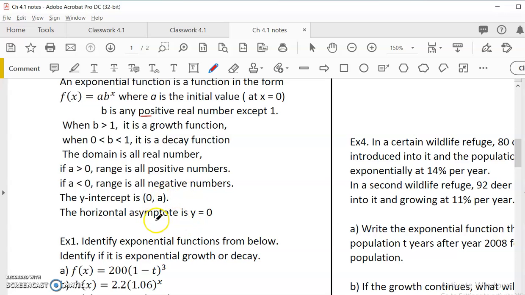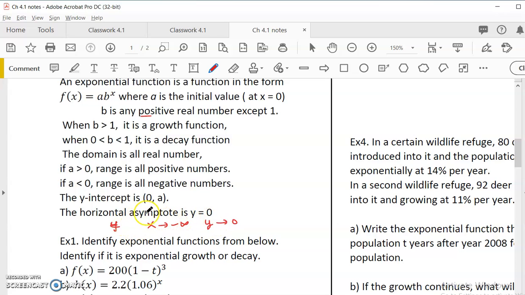It also has a horizontal asymptote. What is a horizontal asymptote? It is end behavior, right? We will talk about details of this in 4.2. But what happens is when x approaches negative infinity, y approaches 0.